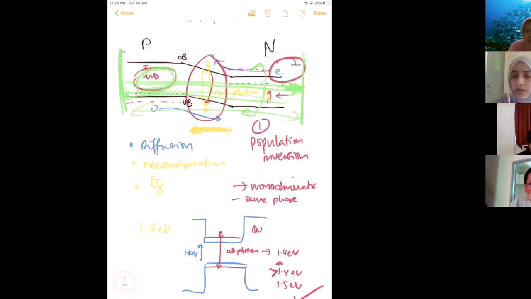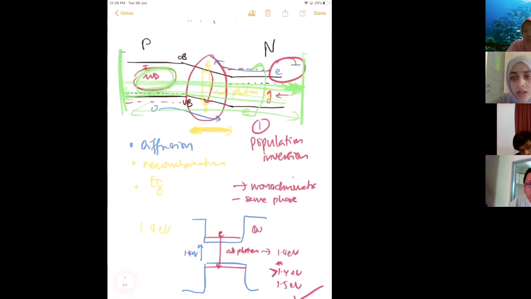Does that mean we can use these degenerate semiconductors? Yes, degenerate means that the Fermi level is inside the valence band or conduction band.